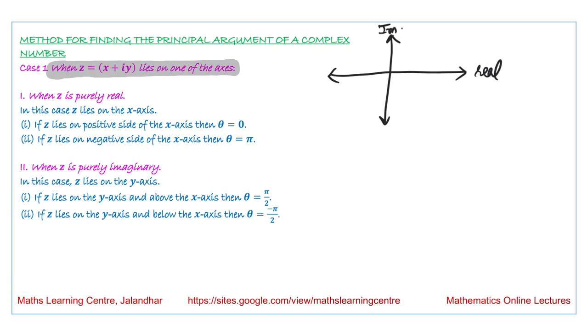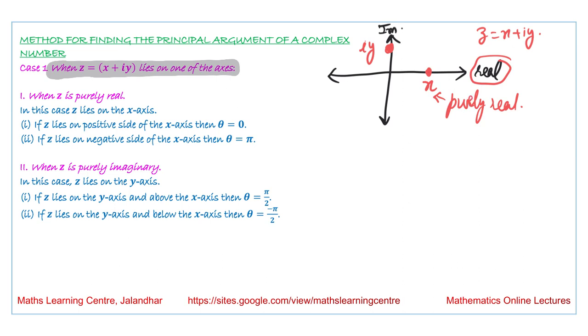The number we have either lies on the real axis or on the imaginary axis. When it lies on the real axis, we are talking about the number x. And when it lies on the imaginary axis, we are talking about the number iota y. So when the number lies on the real axis, it is purely real.